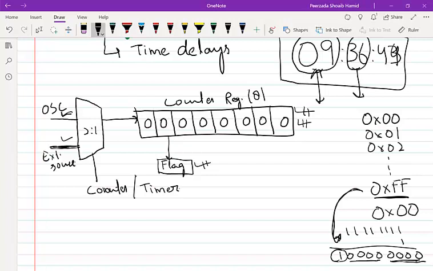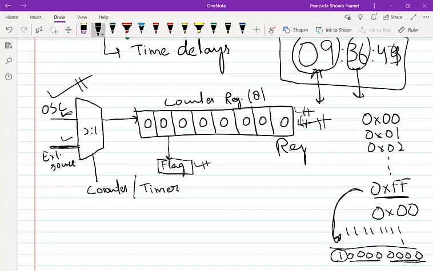Now, since the speed of the oscillator is known, we know the crystal frequency of this oscillator, we can calculate the tick period, that means the increment period of this register. And thus, from the contents of this register, we may know how much time has elapsed.